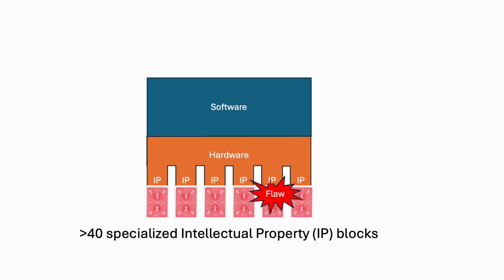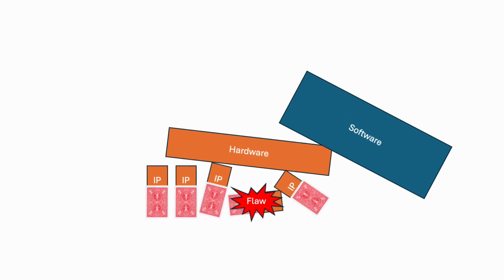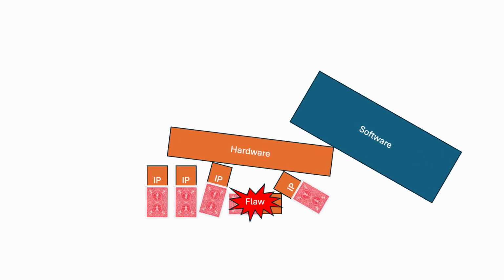If one of these IP blocks has some issue, then it's possible for that to cascade into the whole stack falling apart. And even if you have some sort of formally verified software sitting on top, it's possible for the security guarantees of that to be undermined because it's running on faulty hardware.